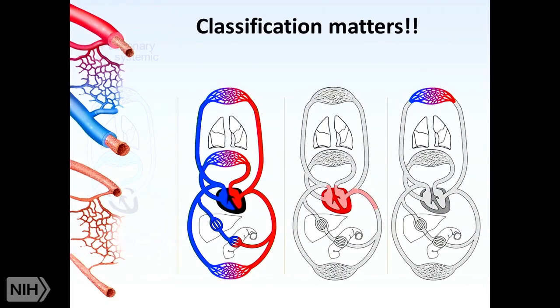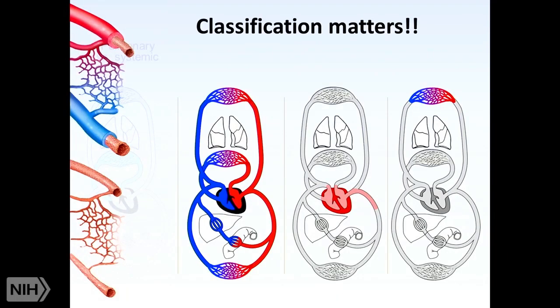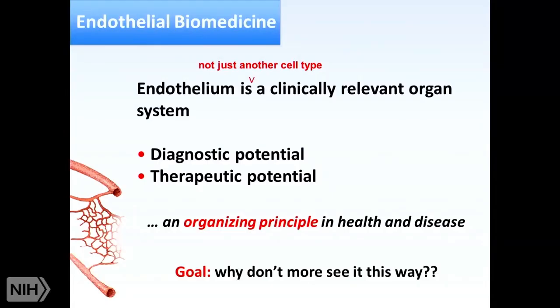Now, how we name and classify phenomena in nature is not a matter of semantics. It really matters. It influences how we think about and understand the natural world, what questions we ask and how we go about answering those questions. So in that spirit, I would like to submit that the endothelium, and by extension the capillaries, as I will show, should be viewed as a systemically relevant organ system, one that is teeming with life, every bit as active as any other organ system, and one that has largely untapped but enormous diagnostic and therapeutic potential.